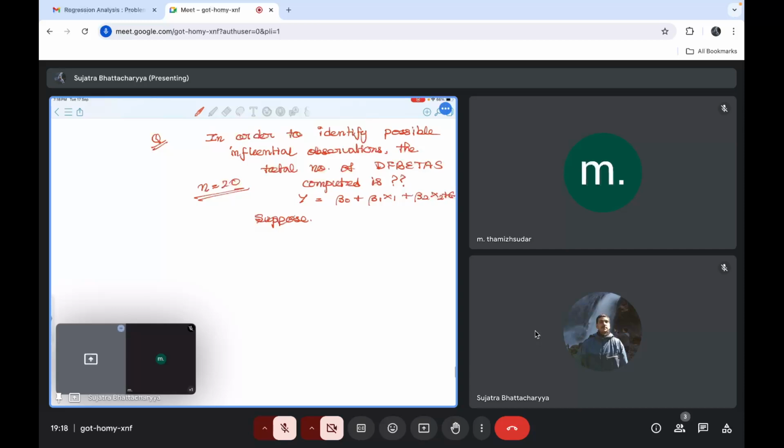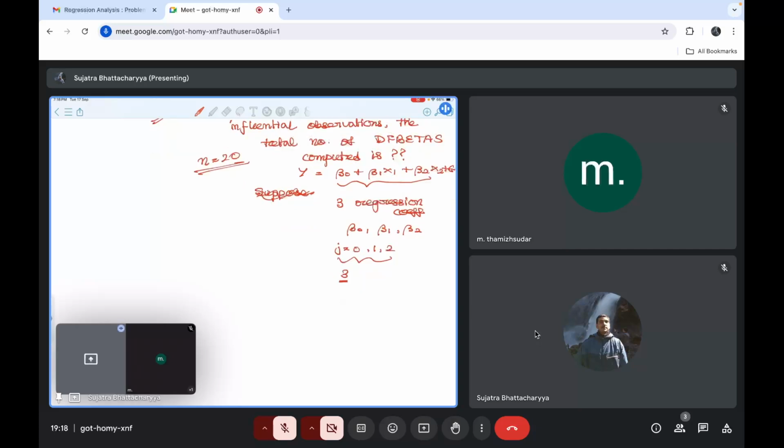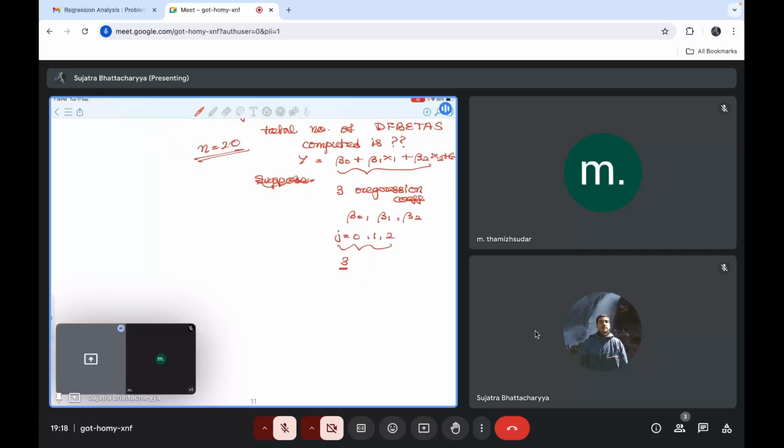Here it is given that there are three regression coefficients. What are they? Beta naught, beta 1, and beta 2. So j will be 0, 1, and 2. So there are three regression coefficients present. And how many observations? n is equal to 20. So 20 observations present.